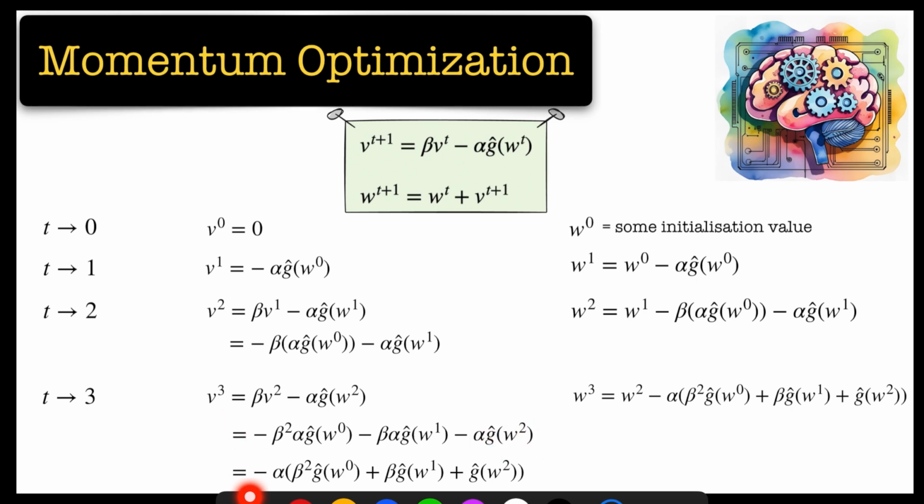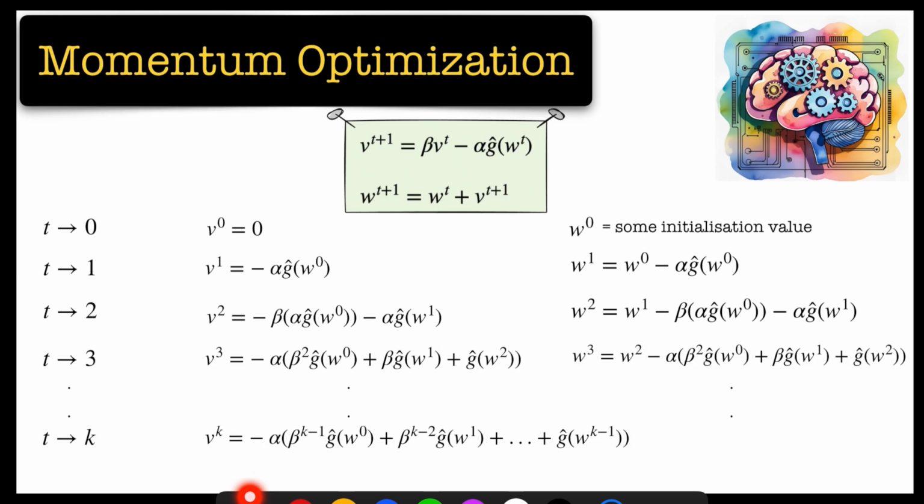Alpha we can take out because it is common. So we get minus alpha times beta square G hat W0 plus beta G hat W1 plus G hat W2. Can you see a pattern here?